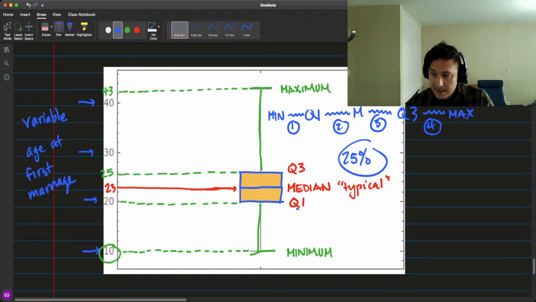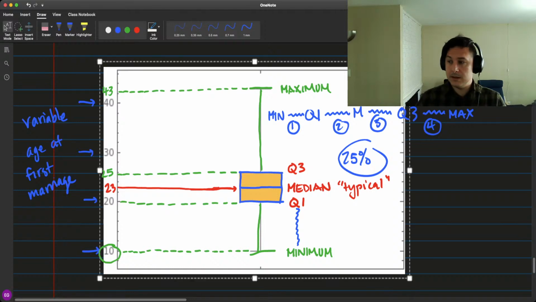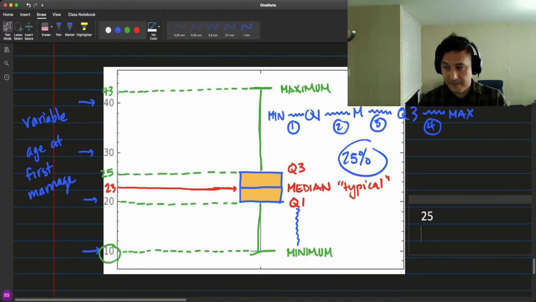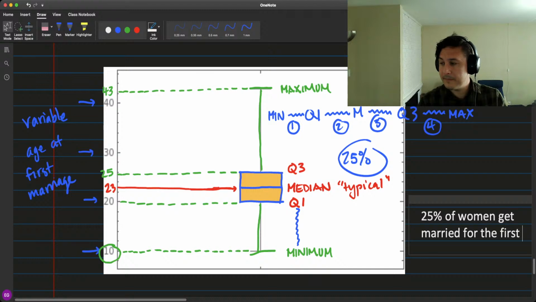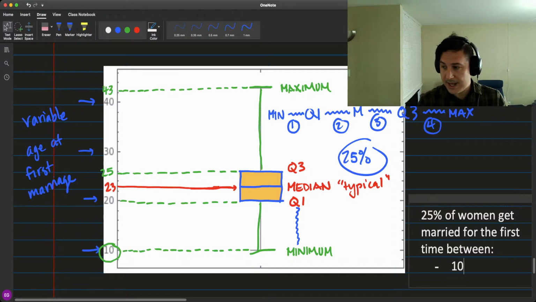So, you look at between the minimum to Q1. That's 25% of women. So we can write that. We can say we know that 25% of women get married for the first time between what ages? 10 and Q1 was 20.